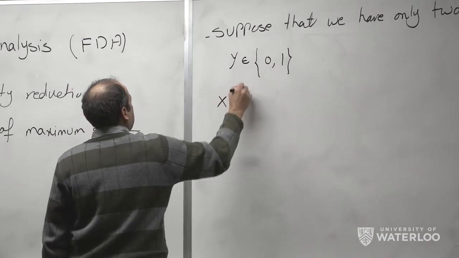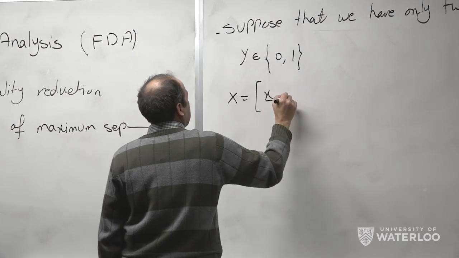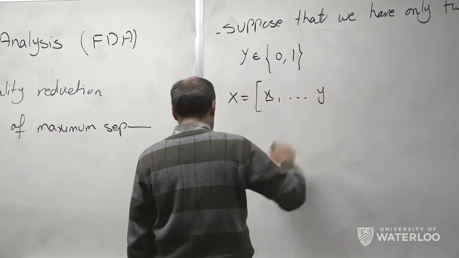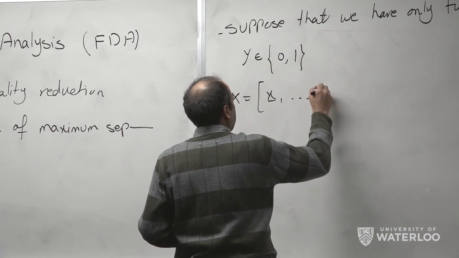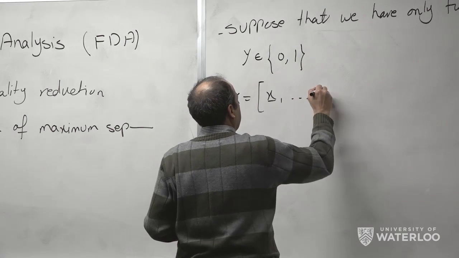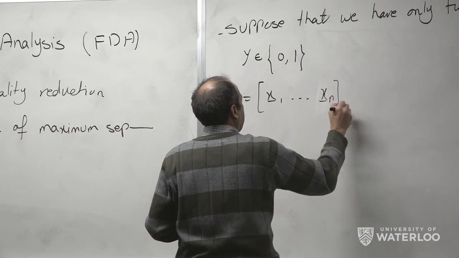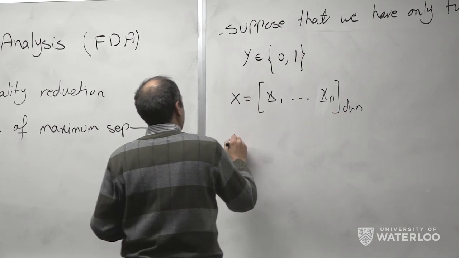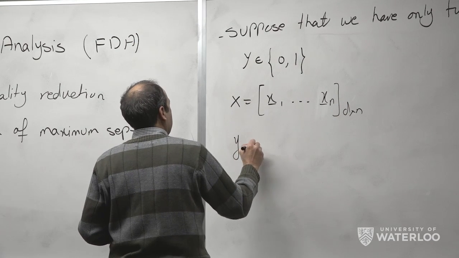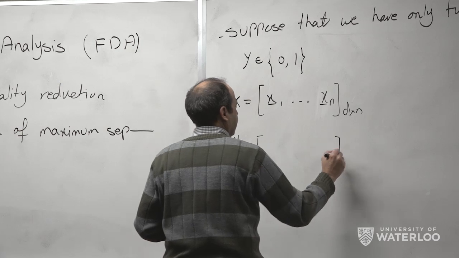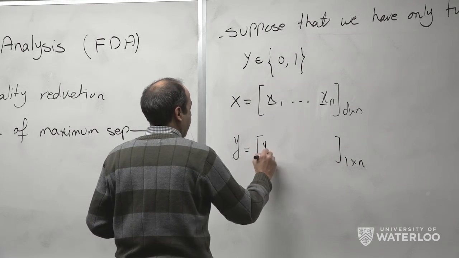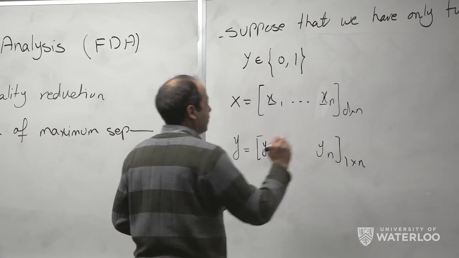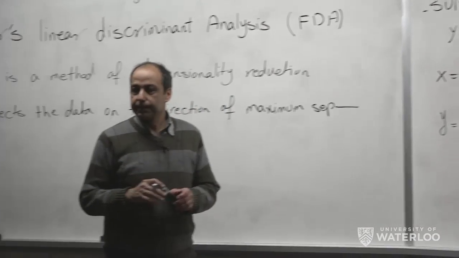And I have n data points, and I have n labels, which are either 0 or 1 in this case.